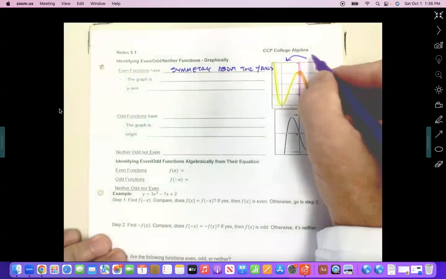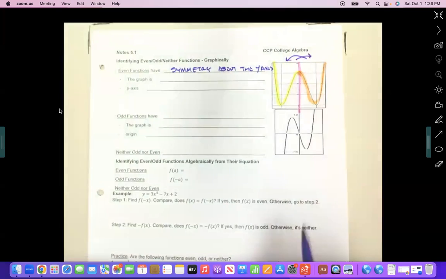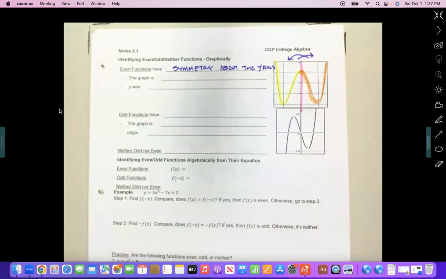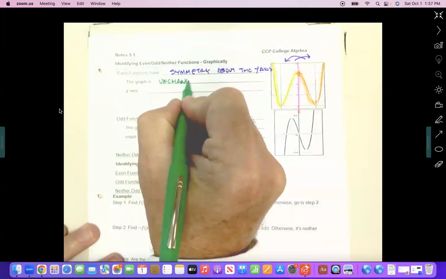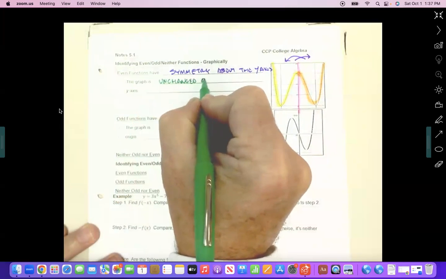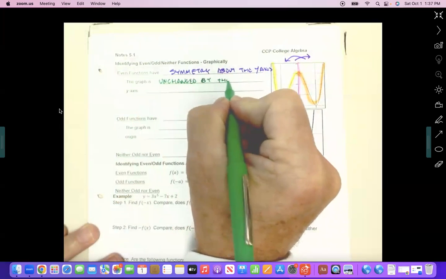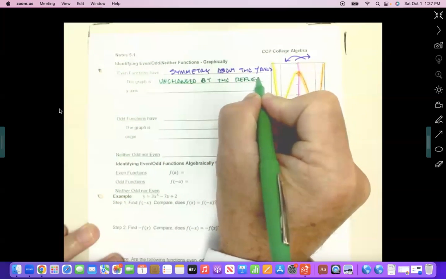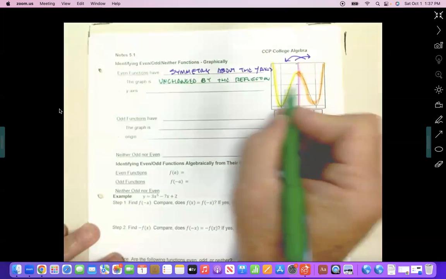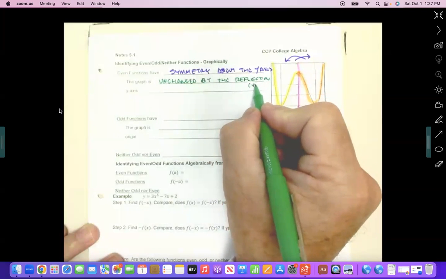Our left side would be repeated by our right side, and our right side would be repeated by the left. In other words, the graph will be unchanged by the reflection, and specifically, it would be the reflection across the y-axis.